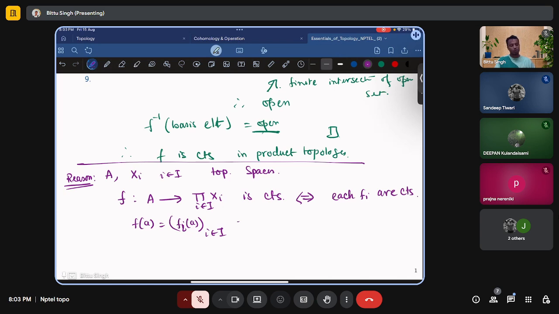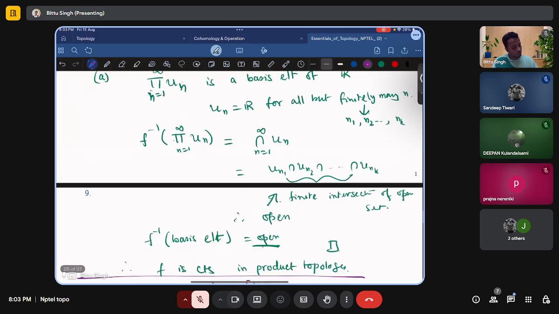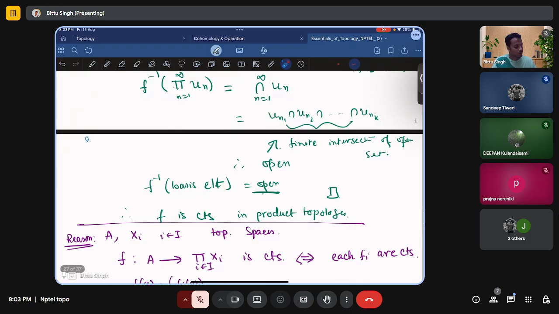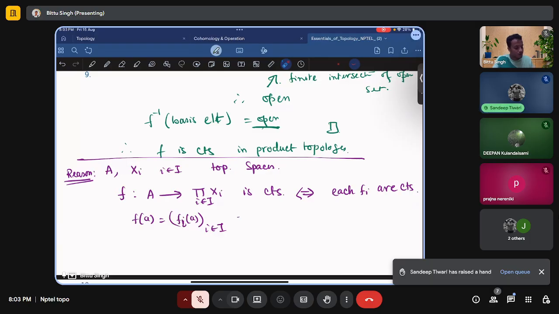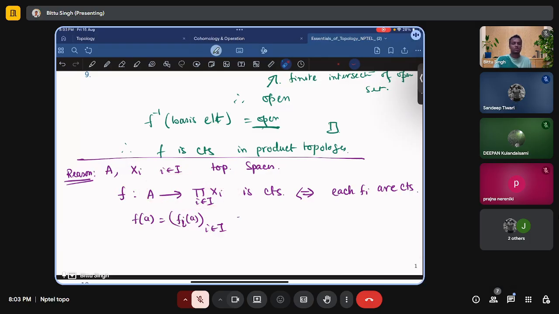So the same proof will work. The technique I have just written works in this more general case: if all those components are continuous, then you can prove that the product map is continuous. And the other direction is easier: if the product map is continuous, then all those fi are continuous.